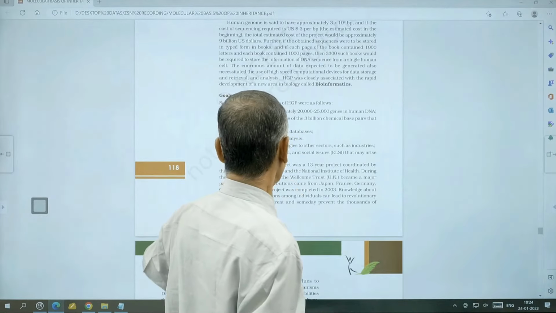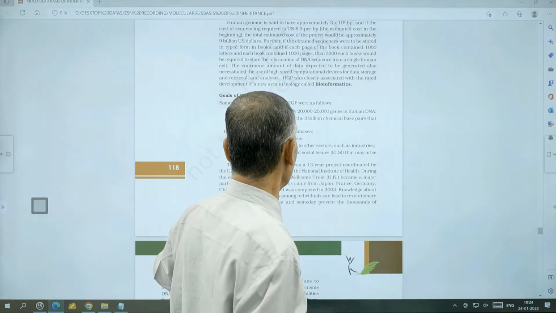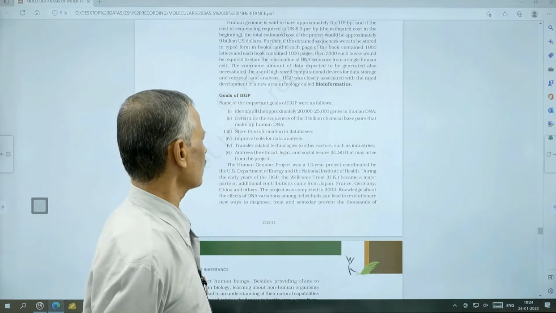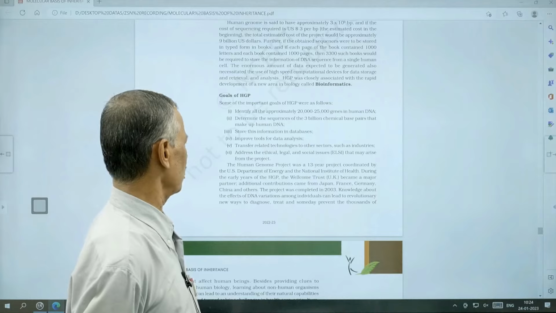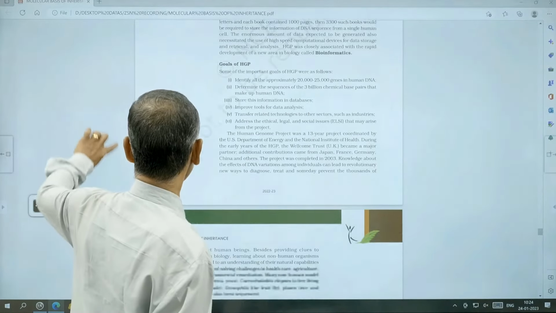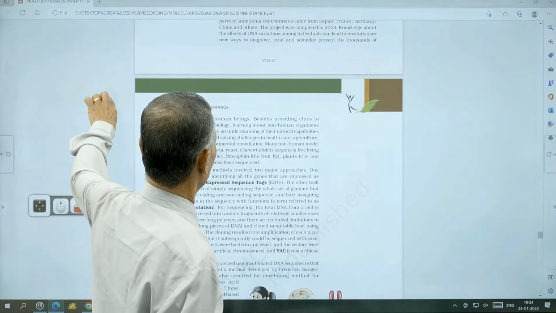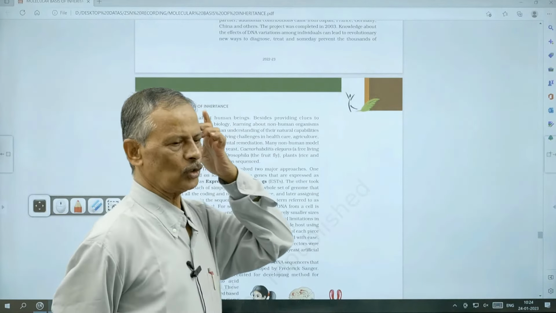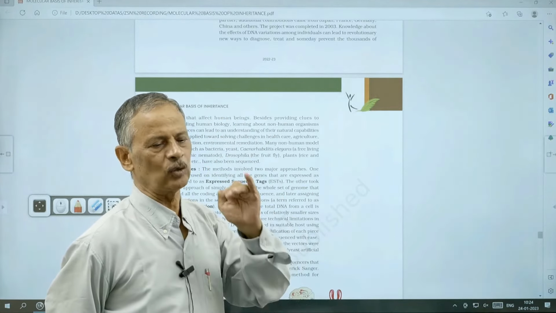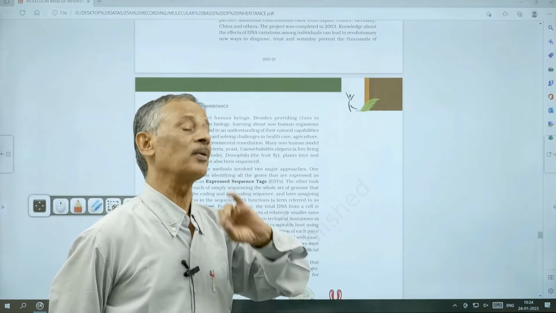Then Japan, France, Germany, China, and other countries also joined. And thus the project was completed in 2003. We had revolutionizing information. We collected a lot of information. Along with that, not only did we achieve that goal, but we also achieved some extra goals.